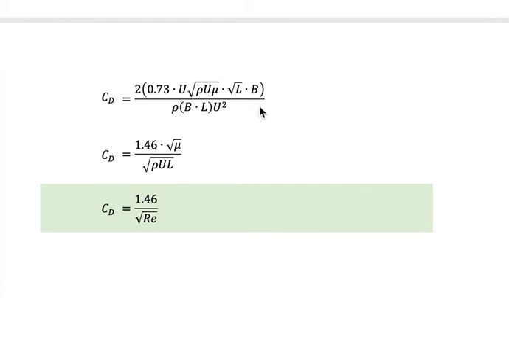Then we simplify this term, and finally we represent Reynolds number, and we get C D equal to 1.46 over square root of Reynolds number. Here, because we are calculating a flat plate, instead of rho u x, we use rho u L, where L is the length of our plate. Normally, 0 is the origin of our plate and L is the maximum length of our flat plate.